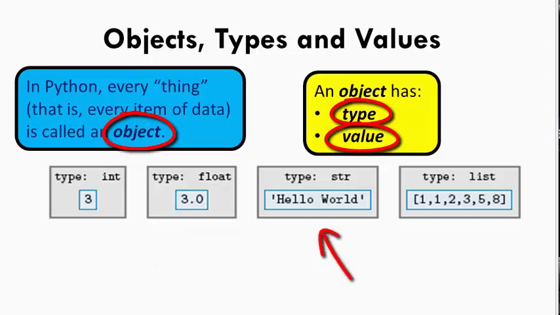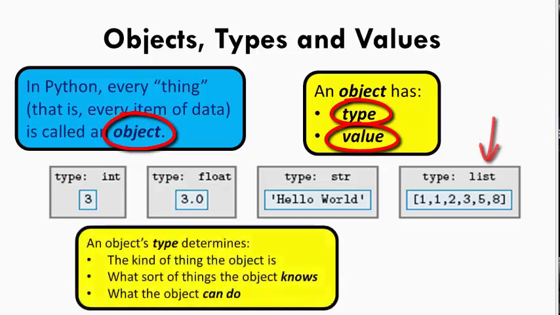The third box shows an object whose type is string and whose value is the sequence of characters HELLO WORLD. The rightmost box shows an object that is a sequence of things. Its type is list, and its value is the ordered list of items 1, 1, 2, 3, 5, 8.